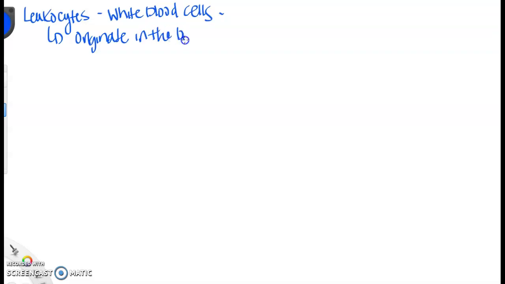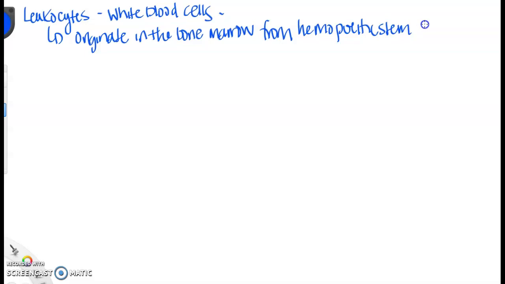in the bone marrow from the hematopoietic stem cell. So that stem cell is the precursor for all blood cells, not just red blood cells, not just white blood cells, not just platelets, all of them.